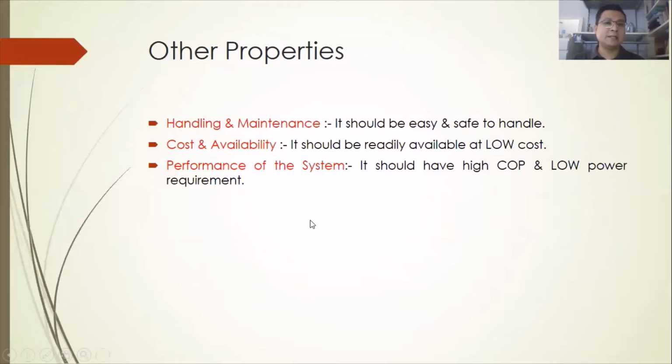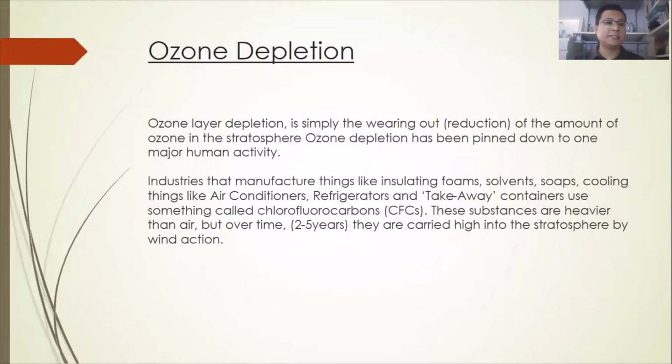Other properties: handling and maintenance should be easy, cost should be low, and performance of the system should be good, how powerful the performance is. Ozone depletion should be none, because if it affects the ozone, we should ban this refrigerant type.